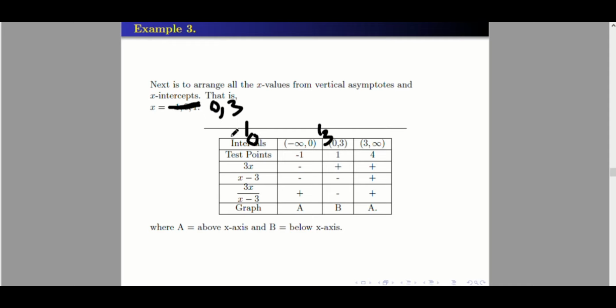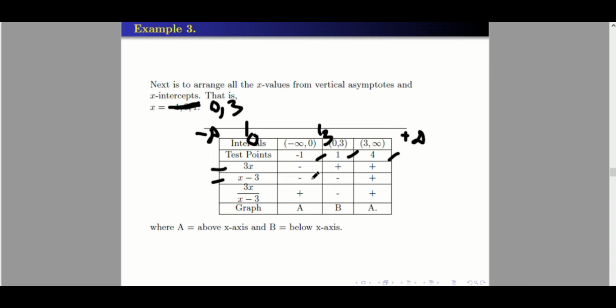So we only have three intervals: from -infinity to 0, 0 to 3, and from 3 to positive infinity. Then again, we'll have these test points. So choose your own test points and then substitute them to these expressions to get these signs here.